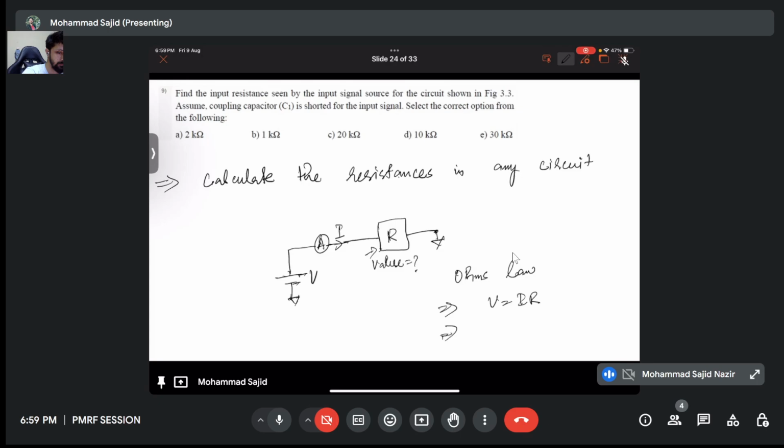So the resistance of this box, let's say R, will be V by I. In MOSFETs, if you have to calculate input resistance or output resistance, you can use the same technique as well. So the question says find the input resistance seen by the input signal source.